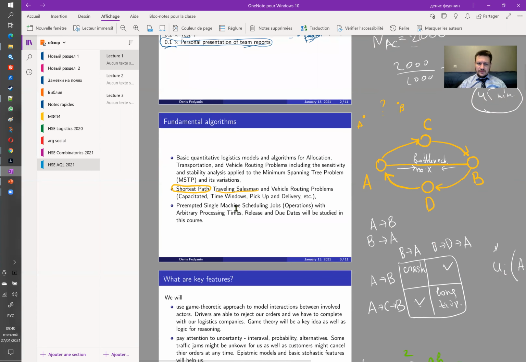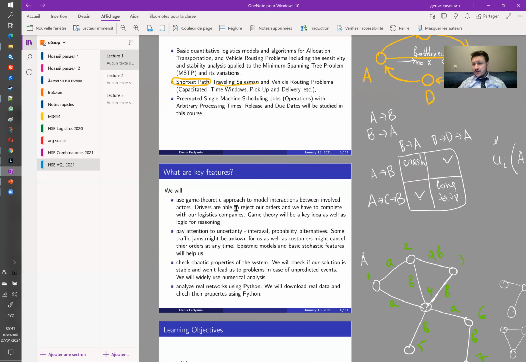There is a short list of algorithms. I don't think that we will discuss all of these algorithms, maybe not, but for us it's a great basis. We use these canonical algorithms, like Prim's algorithm or Kruskal's algorithm, as a basis for our new models.